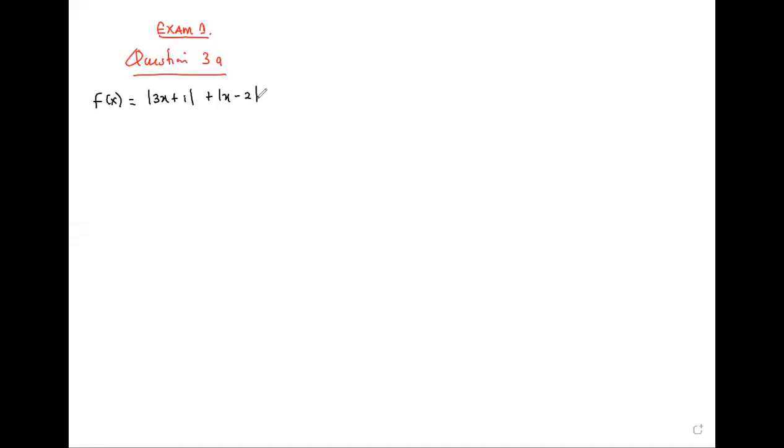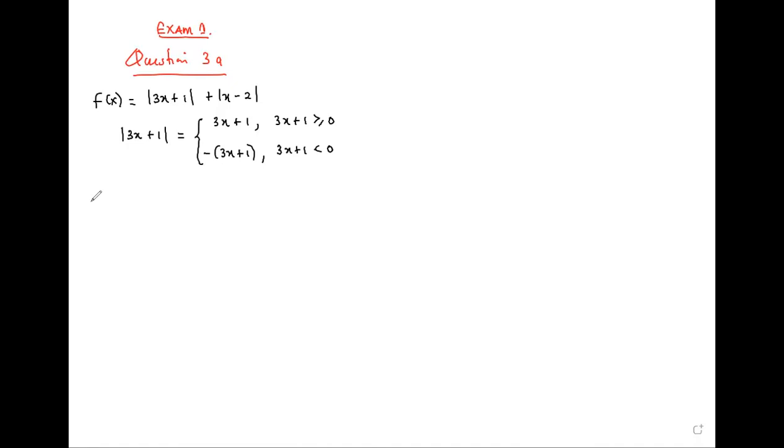So you first pick the individual modulus and redefine it. This is going to be the same as 3x plus 1 when 3x plus 1 is greater or equal to 0, and negative 3x minus 1 when 3x plus 1 is less than 0.